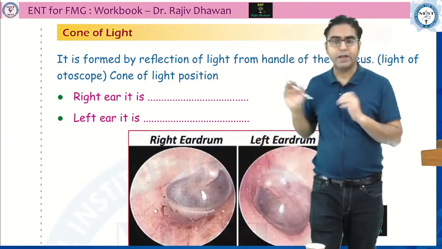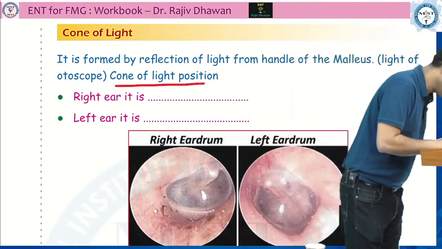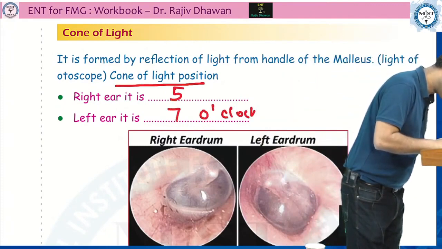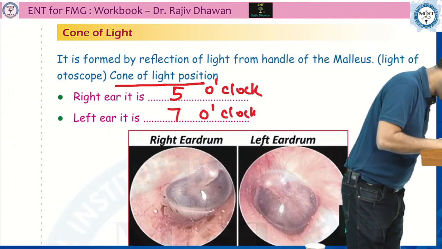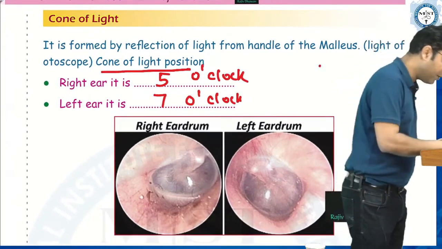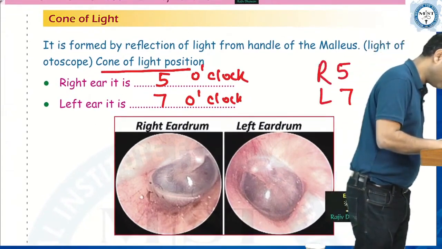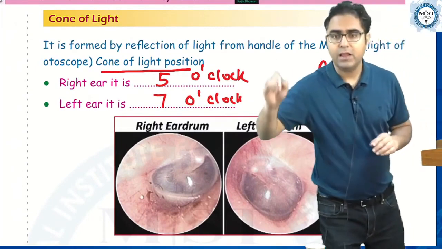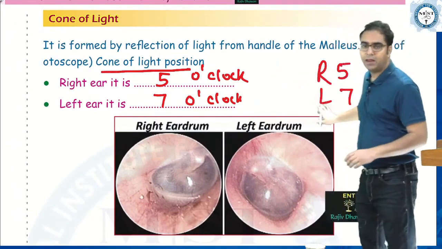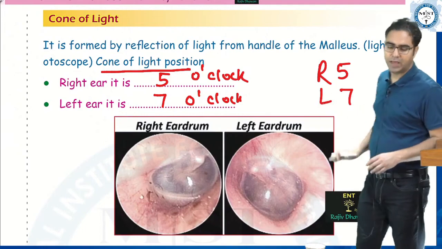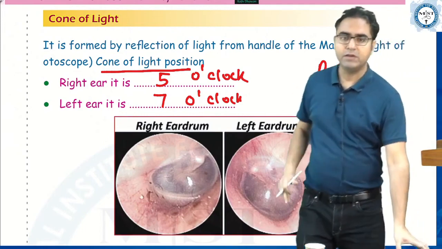The cone of light is produced by reflection of light from the handle of the malleus. Which light? Otoscope light. Cone of light position: right ear 5 o'clock, left ear 7 o'clock. The position is very much clear. Right 5, left 7. L 7. Make the L reverse, it is 7.